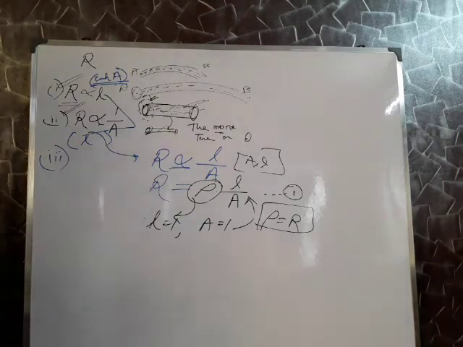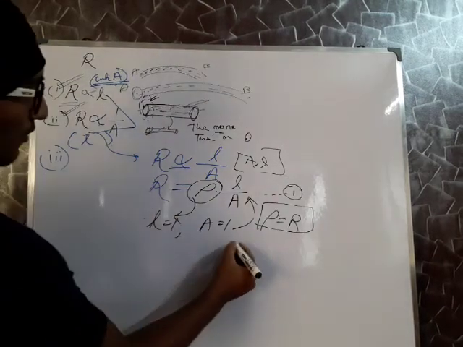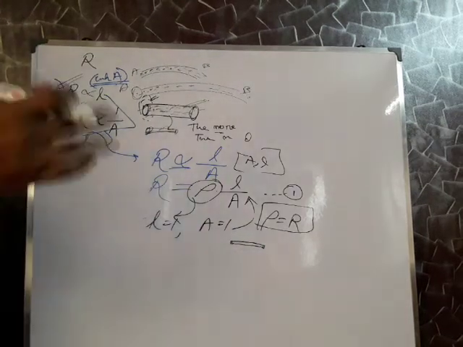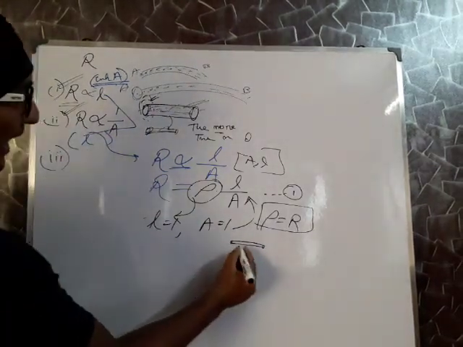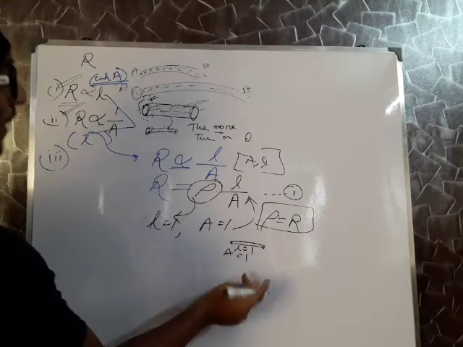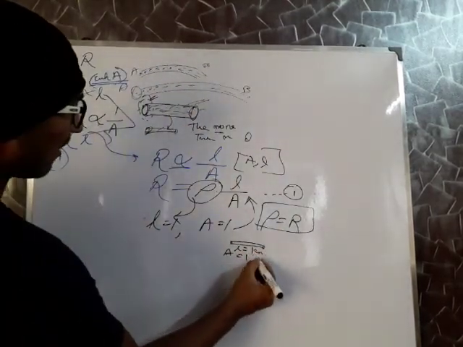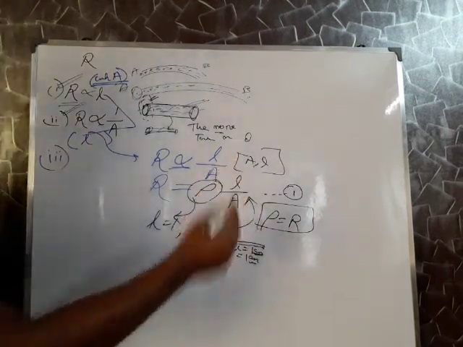Suppose this is an electric wire or conductor where L is equals to 1 and A is equals to 1. That means unit length and unit area. You can consider it centimeter also.